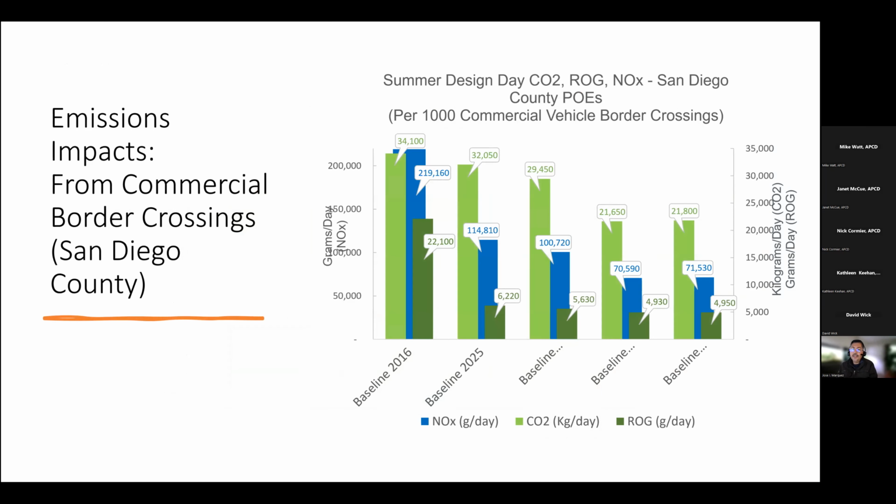The same study also quantified the air quality impacts of border delays, and also climate change. And just as an example, there's 457 metric tons of CO2 emissions per day due to border delays.